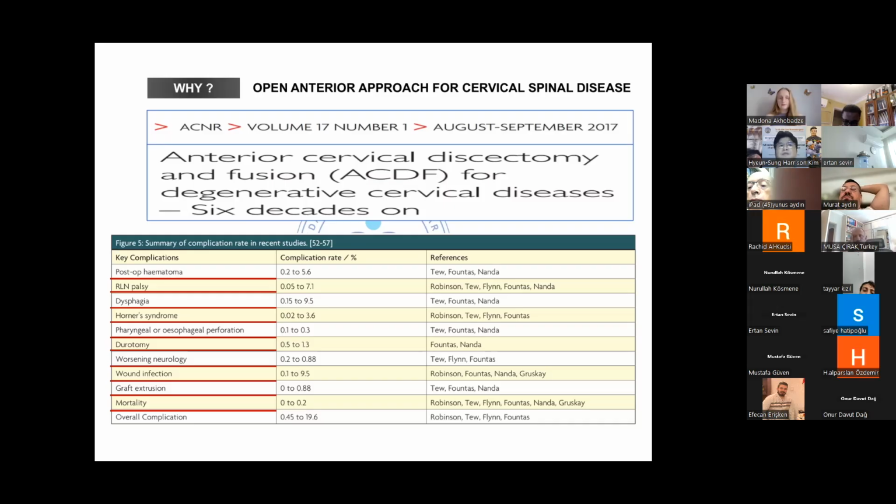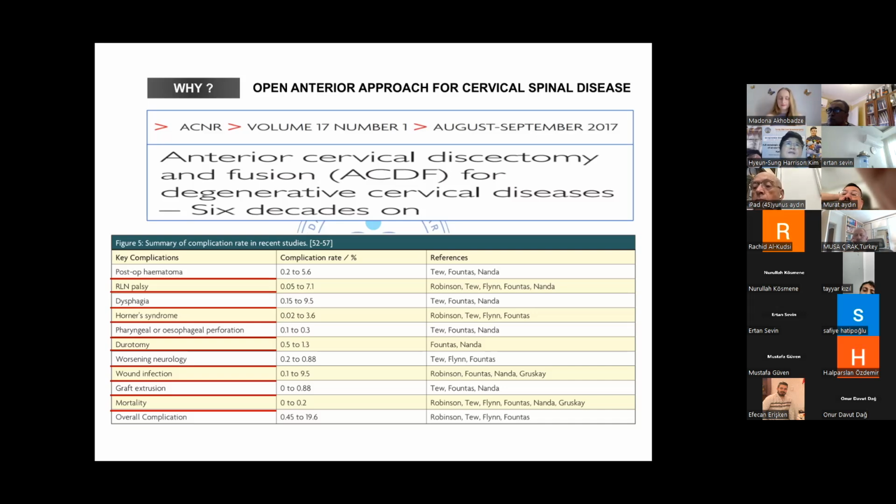But unfortunately, we already do many anterior cervical procedures. I have also done many cases of anterior cervical operation, like ACDF and ADR, and sometimes corpectomy. But we know there are many kinds of complications, and sometimes they are a disaster for the patient.